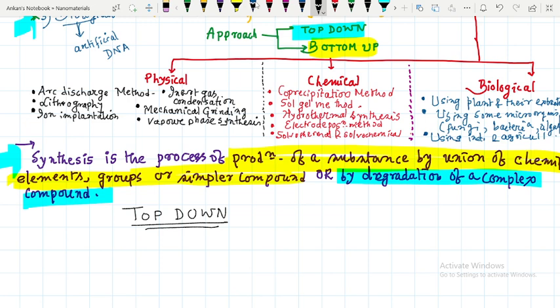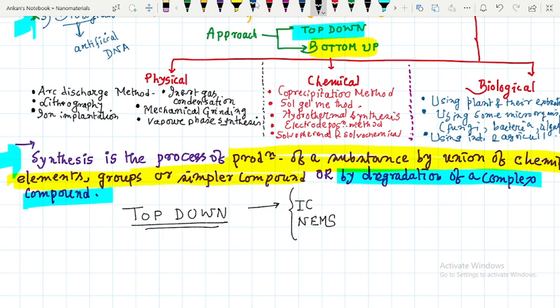Okay, so the top down technique employs the degradation of bulk materials, and it is helpful for integrated circuit fabrication as well as the nano electromechanical systems, in short known as NEMS.